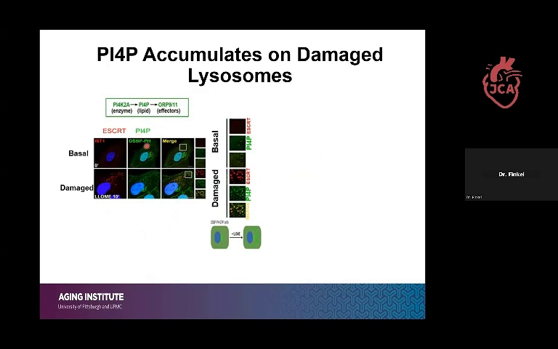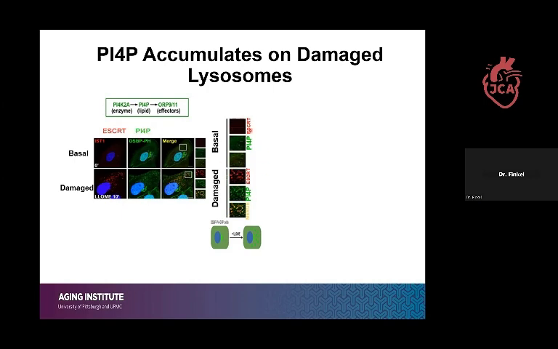Basically these employ domains of proteins that are known to specifically bind to those phosphoinositides that are hooked up to fluorescent moieties. And so here's one example of a protein that's known to bind PI4P that's used as a reagent to localize the PI4P in the cell.